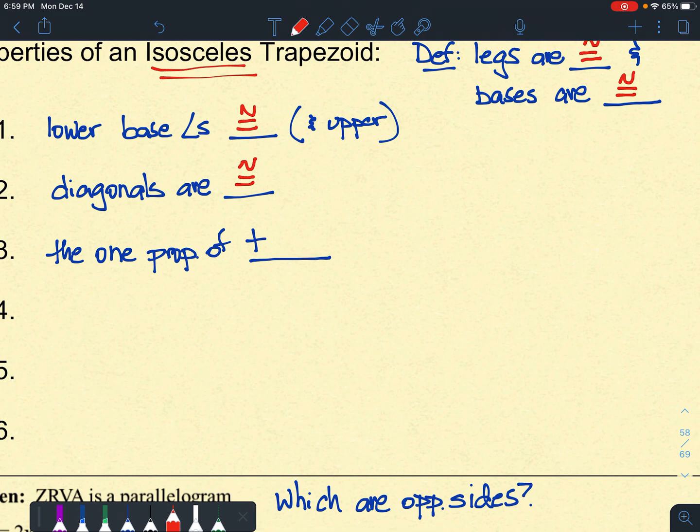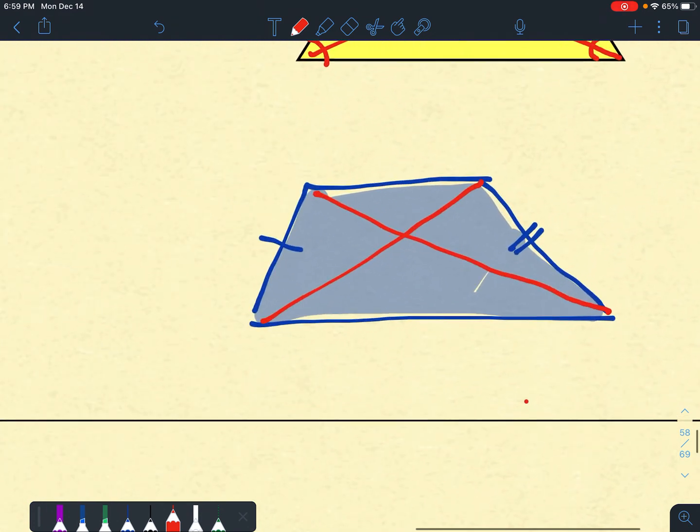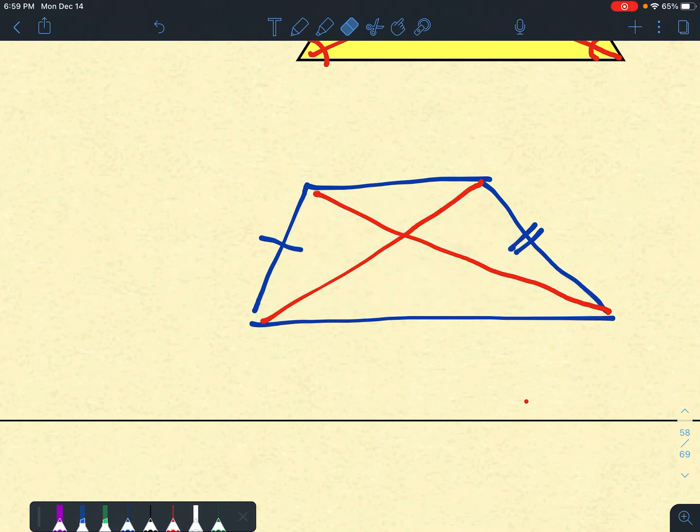And the one property of trapezoids, and that is that the base, how do I want to say this? This angle here, call it 1, and this angle here are supplementary.